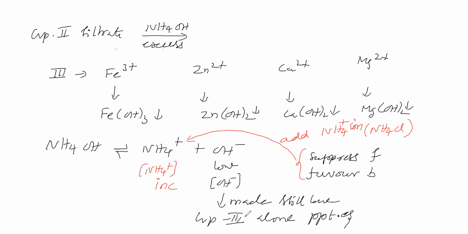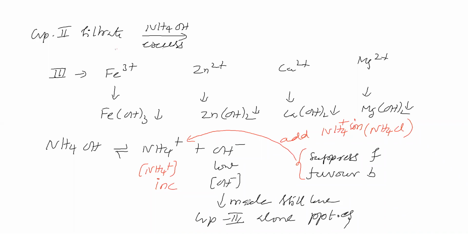For this alone, the ionic product is greater than the solubility product. For group 4, group 5, group 6, the ionic product is less than the solubility product, so they do not precipitate. Only group 3 is precipitating.